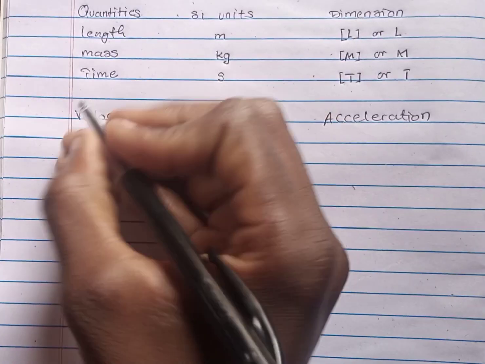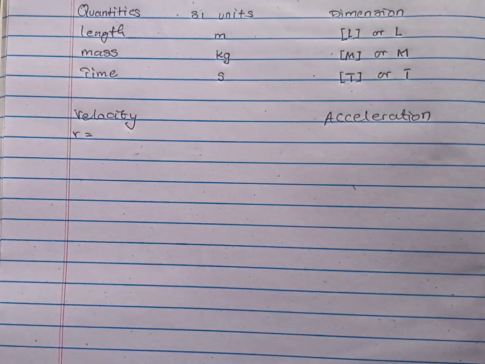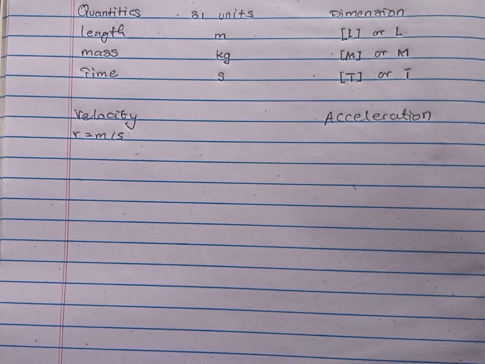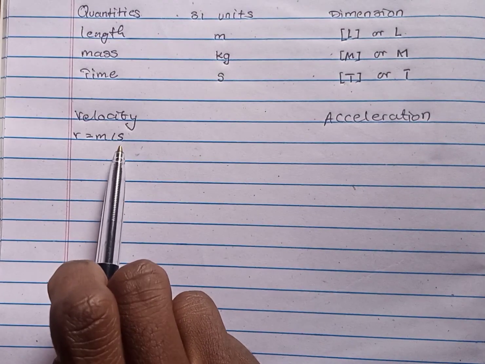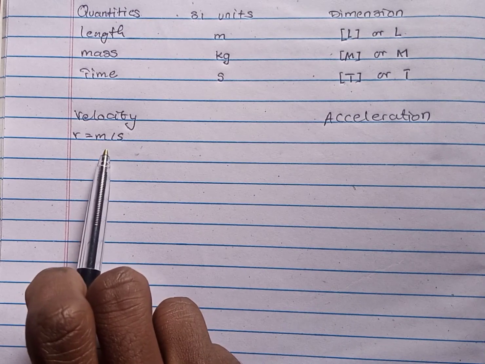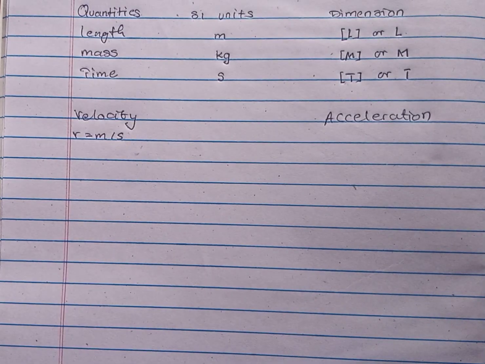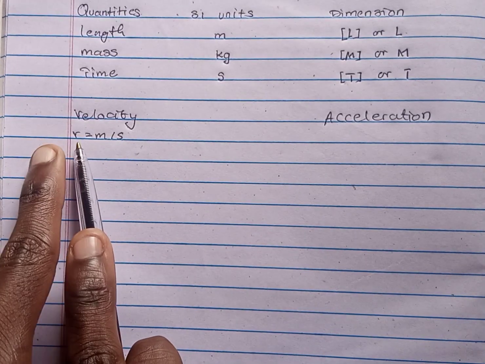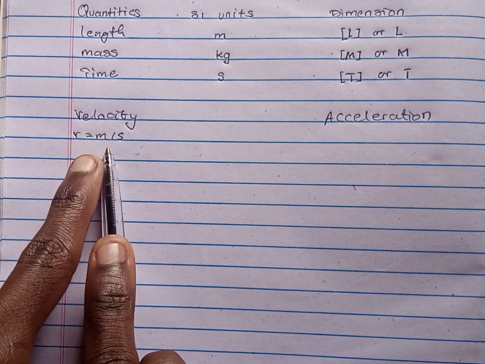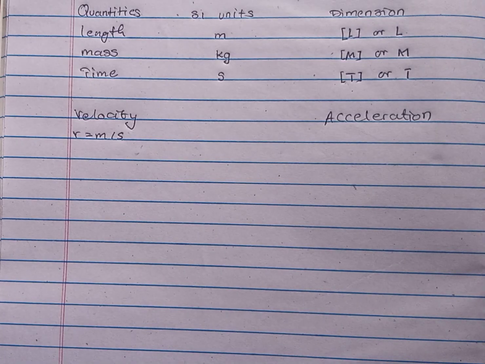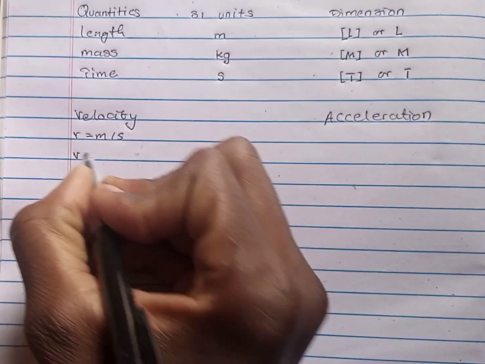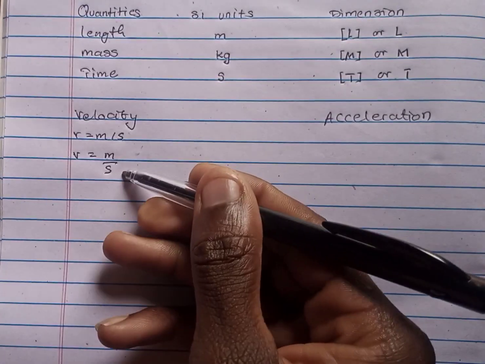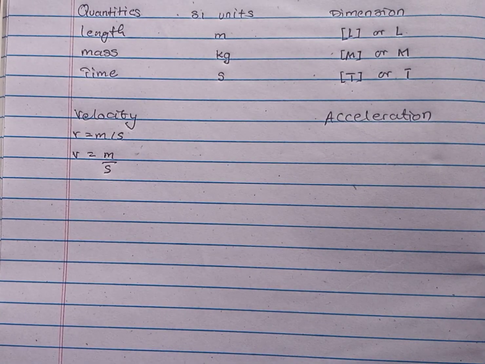Velocity, as we know, is measured in meter per second. Meter per second is the SI unit for velocity. So we are going to write the dimensions for velocity instead of the SI unit. We're going to rewrite this as meter over second.